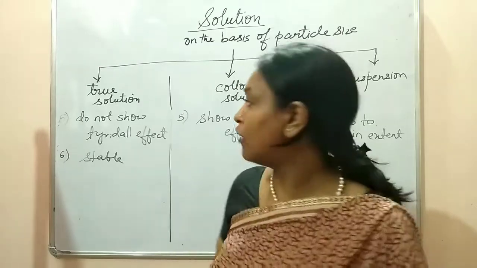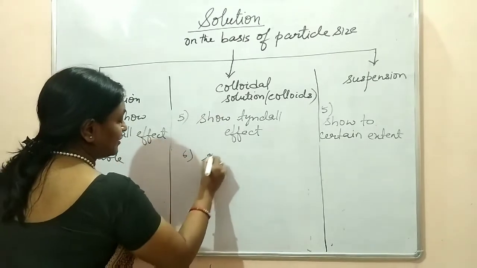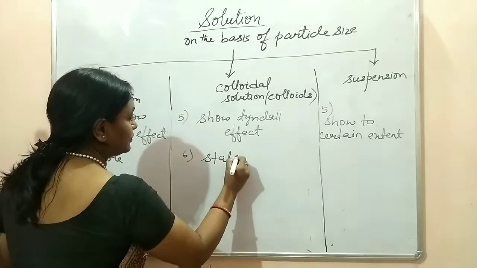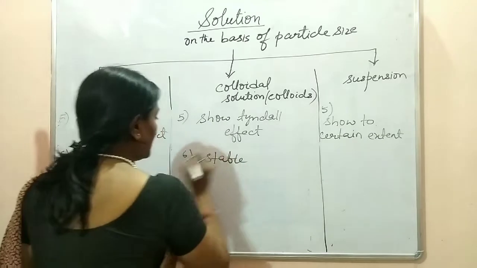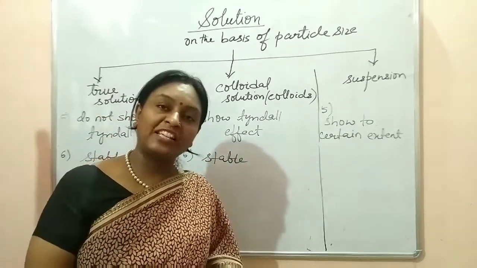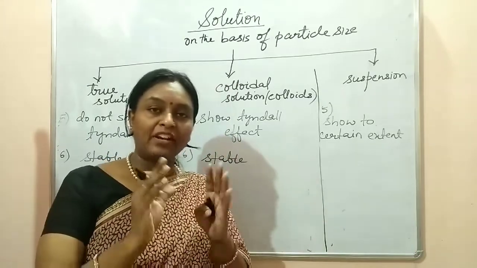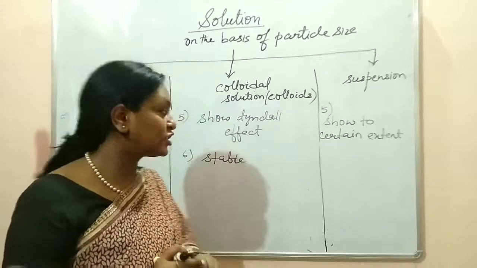A colloidal solution is also quite stable. If you leave milk and water, it is quite stable. Milk and water will not separate into two layers. They will remain uniformly distributed.